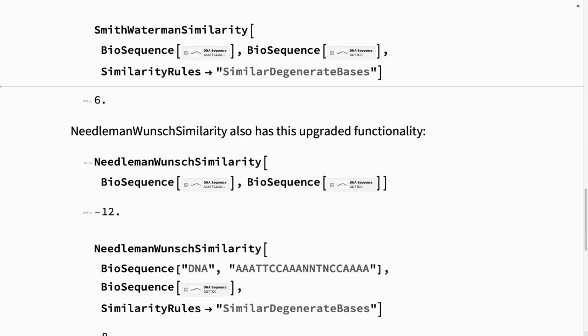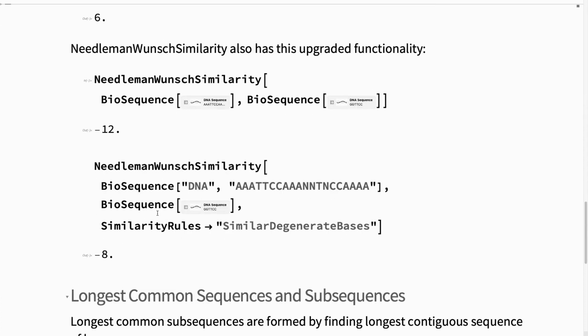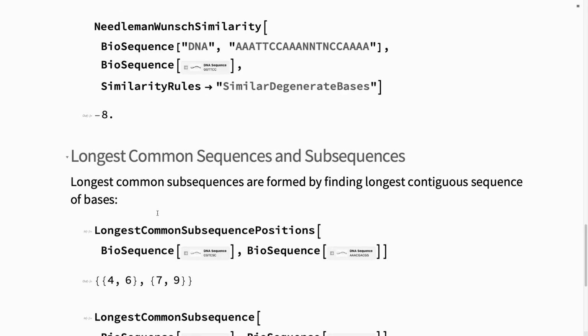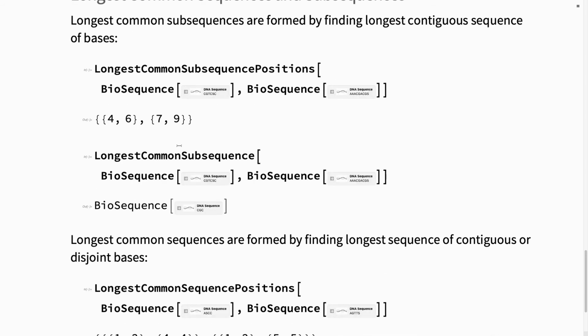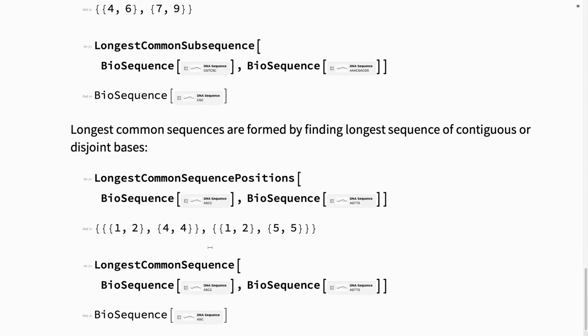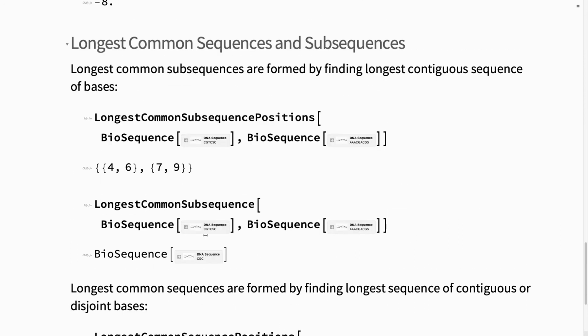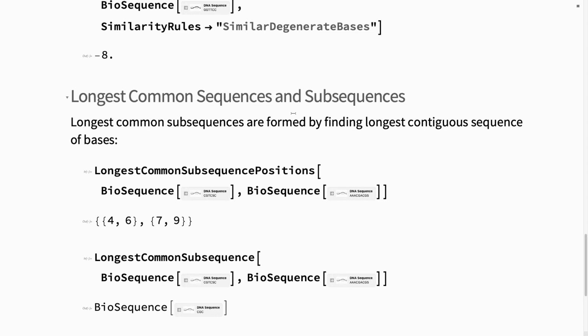And Needleman-Wunsch also supports this improvement. Longest common subsequence positions, this entire family, also matches degenerate terms, so that you can find matching subsequences here and have all that respected.